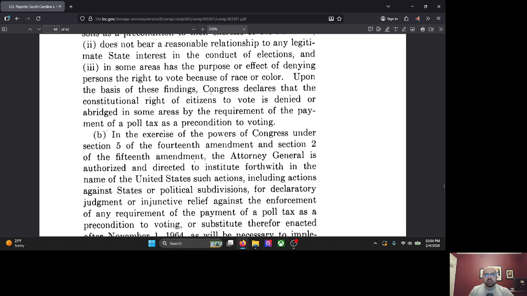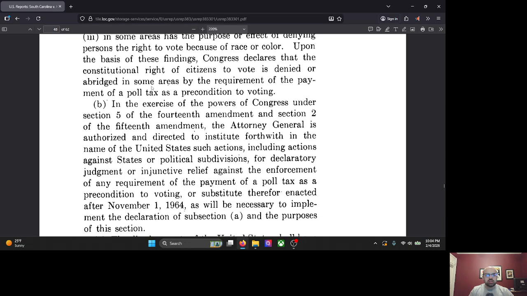Upon the basis of these findings, Congress declares that the constitutional right of citizens to vote is denied or abridged in some areas by the requirement of the payment of a poll tax as a precondition to voting.